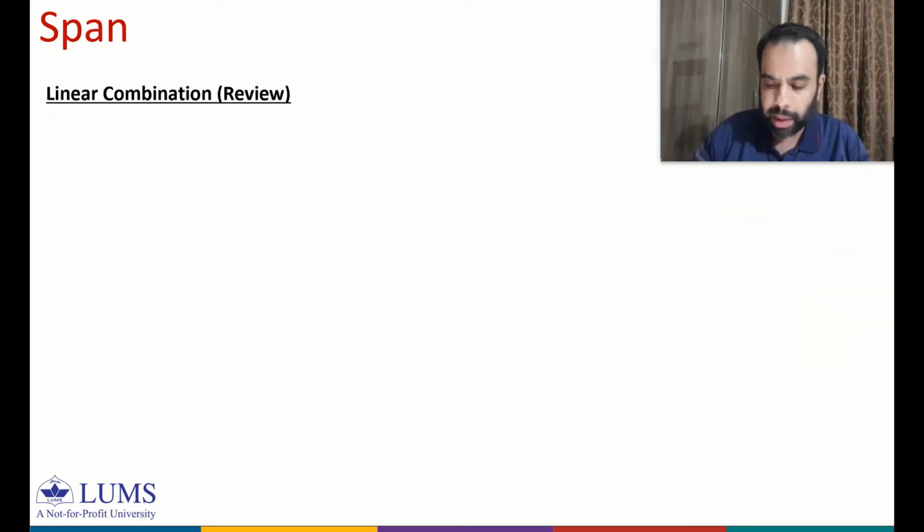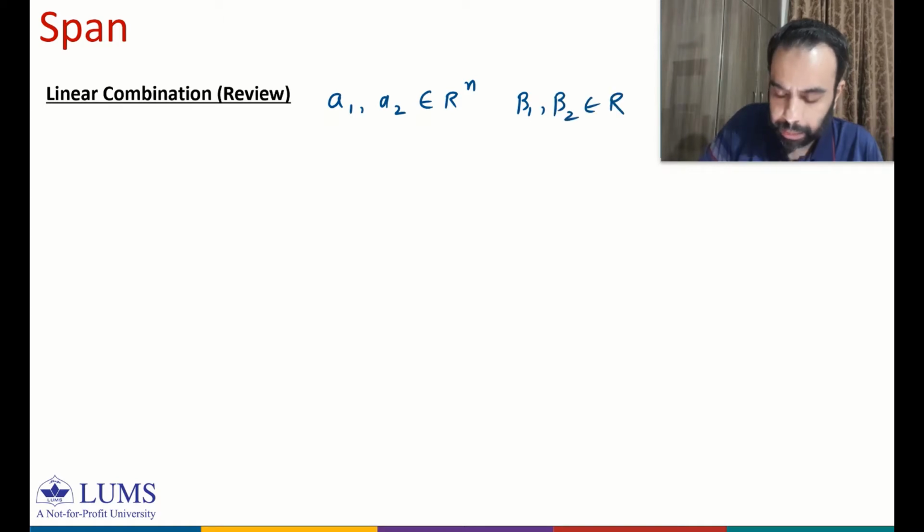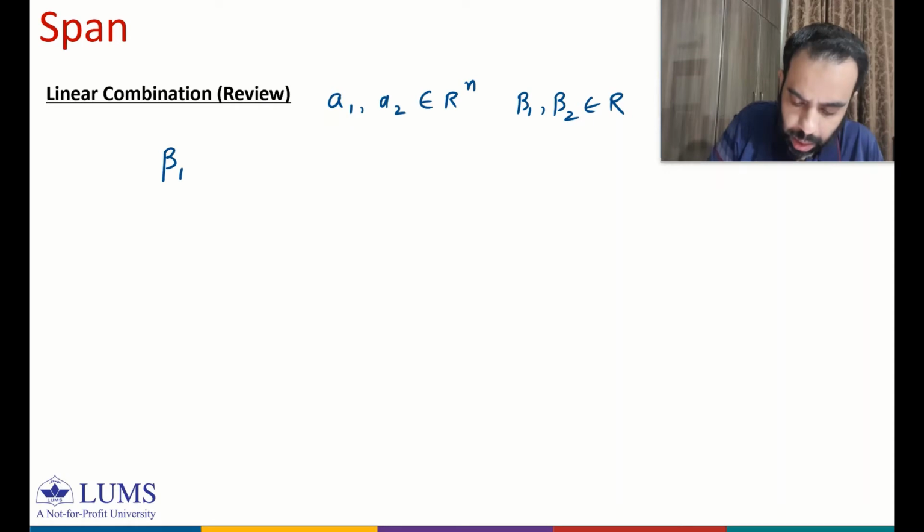Before I formally define span, let me quickly review what we mean by linear combination of vectors. What we studied earlier is that if you have two vectors, say a1, a2, that belong to Rn, and two scalars, beta1, beta2, that belong to R, we define the linear combination of vectors as beta1 a1 plus beta2 a2.